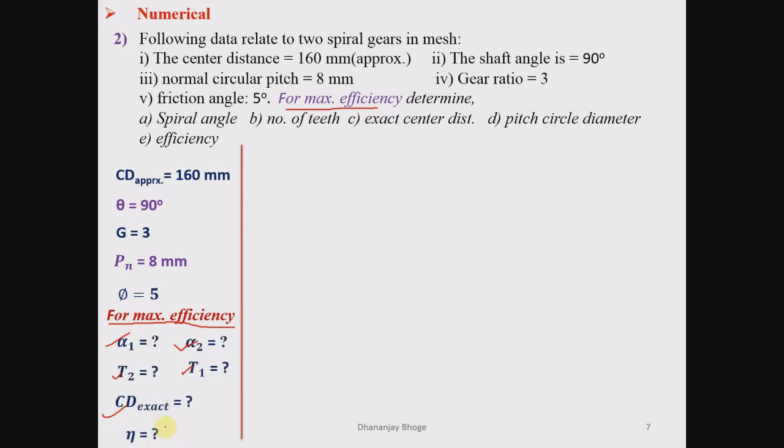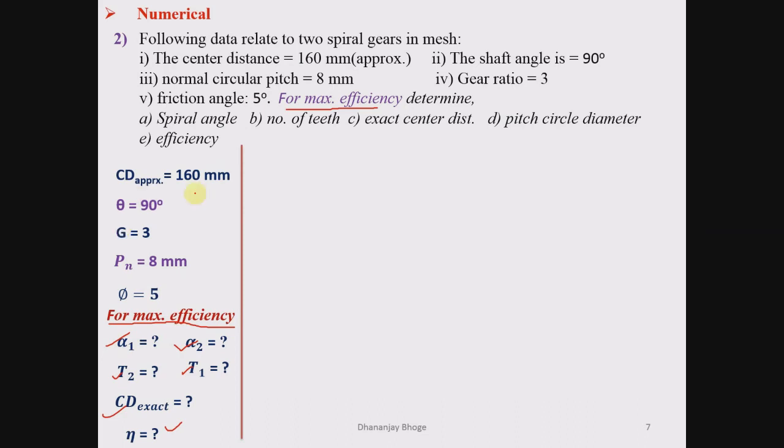Okay, we'll proceed. Tell me how to find alpha 1, alpha 2.